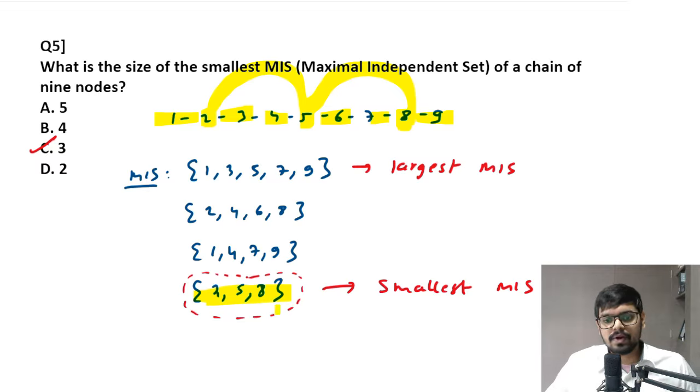So this 2, 5, 8 are independent, plus no other vertex can be added into this set since any other vertex will behave as a neighbor. Therefore, this is MIS, and this is the smallest MIS for this example. So the answer is 3.